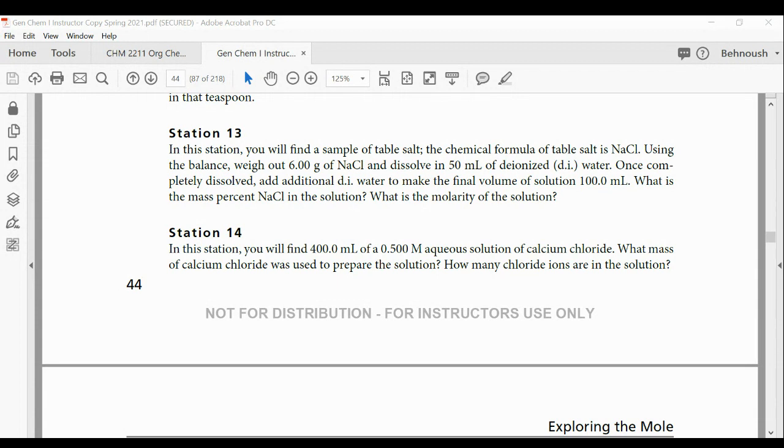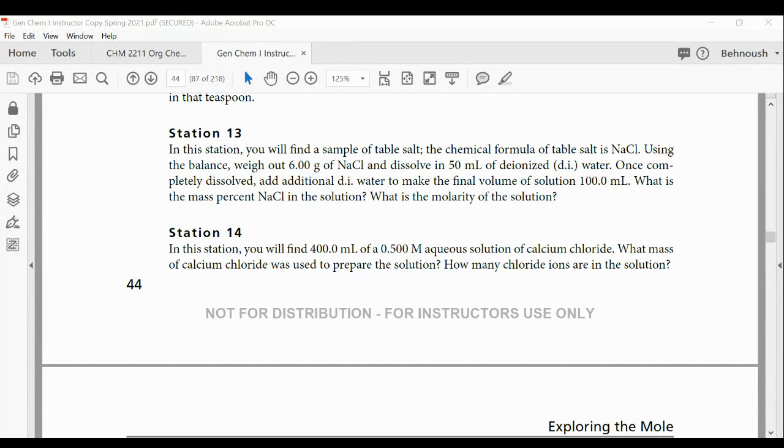So this is the moles of calcium chloride, CaCl2, equals molarity times volume. And you want to make sure the volume is in liters. Moles equals molarity times volume in liters.